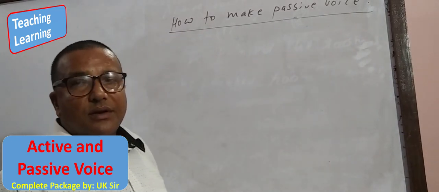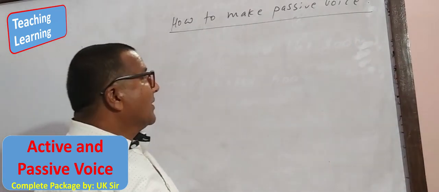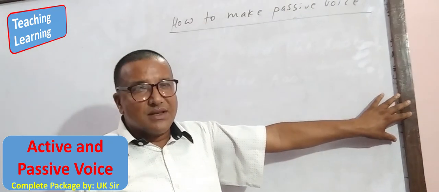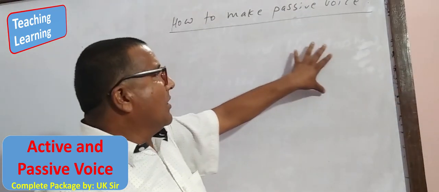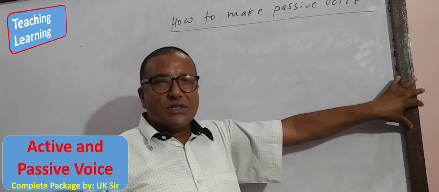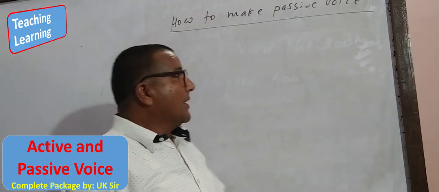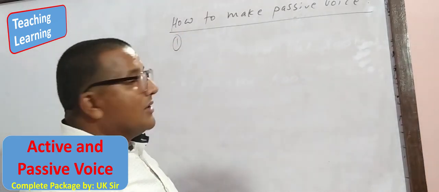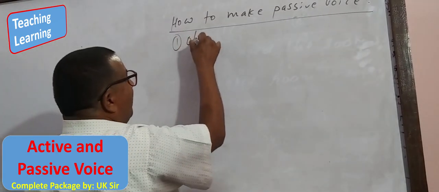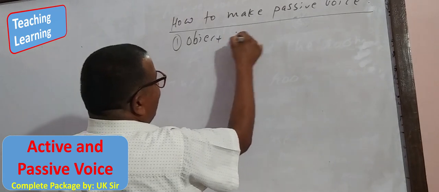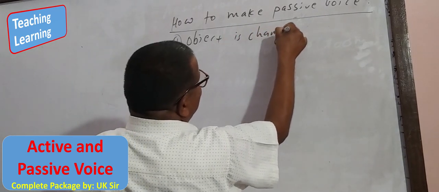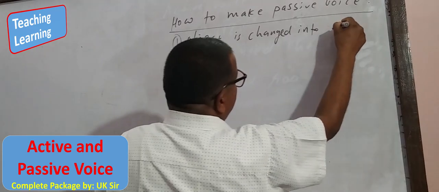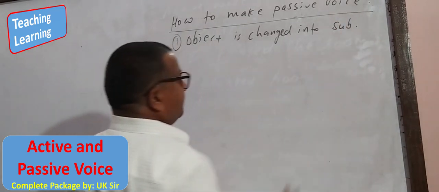How to make passive voice? It is so easy to change into the passive voice because we will follow easy rules. Look at here. Rule number 1: object is changed into subject.